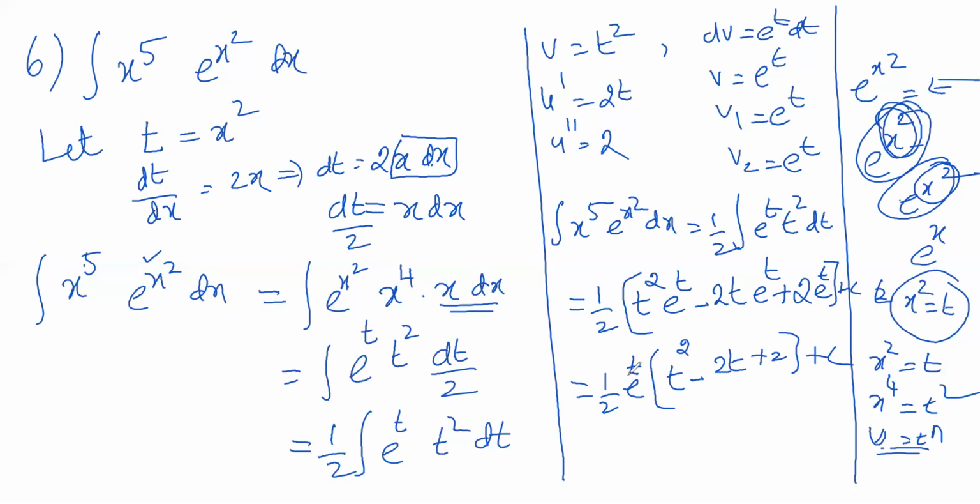Now we replace t by x squared. So the answer becomes 1 by 2 into e power x squared into x power 4 minus 2x squared plus 2, plus c. This is the answer for problem 6.